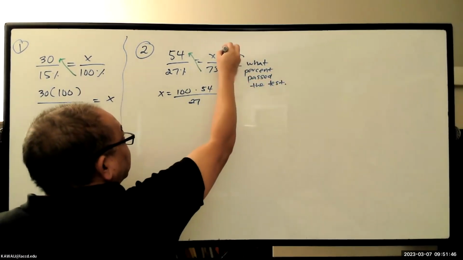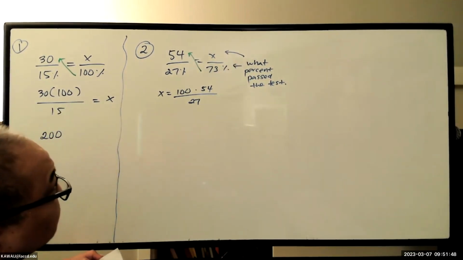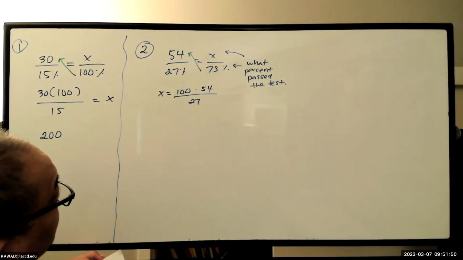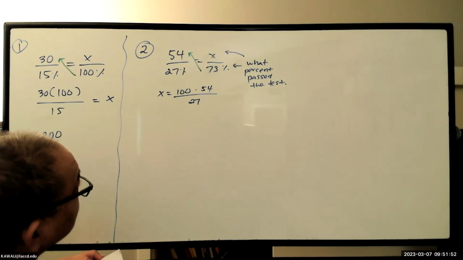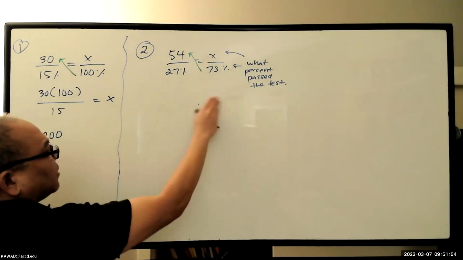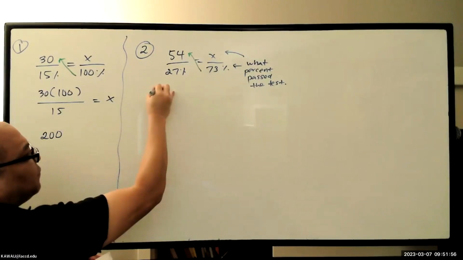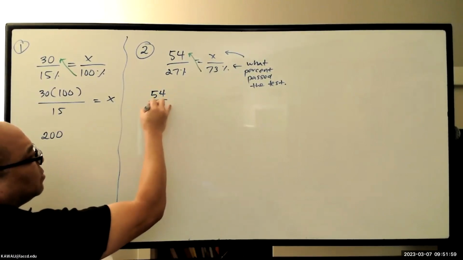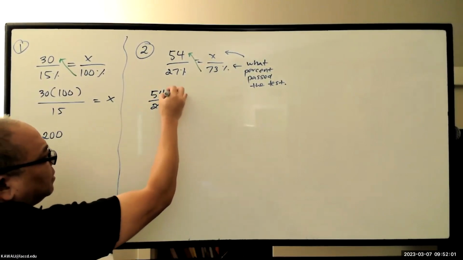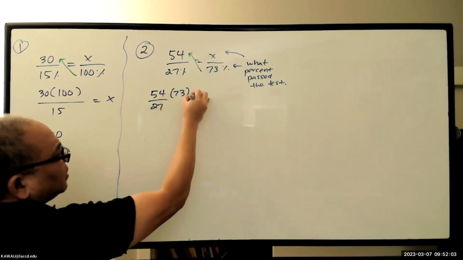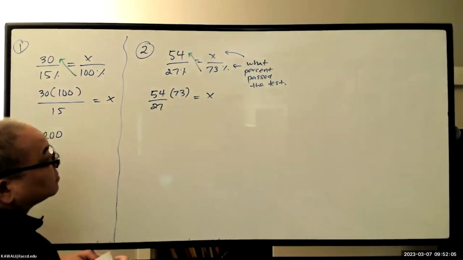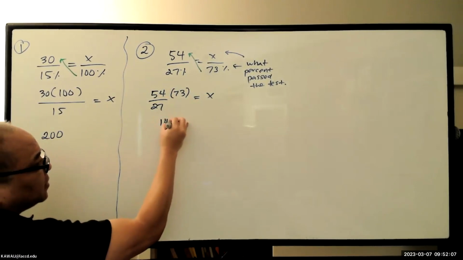So what we want to know is what percent passed the test. So that's why we're doing it that way. So it should be 54 divided by 27 is equal to X divided by 73. And that's why you get 146.